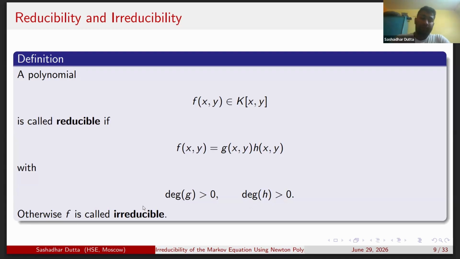Otherwise, f is irreducible. This is called irreducibility, and it is an important tool to prove our results.